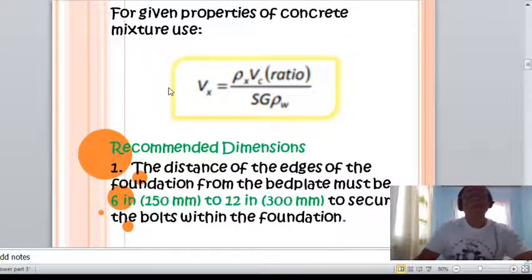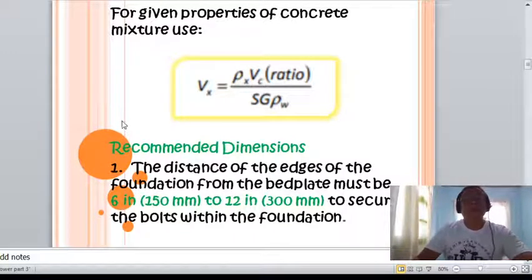This is how you determine the volume of the sand or the stone or gravel.